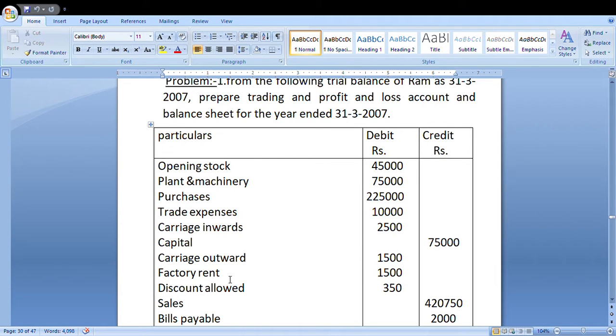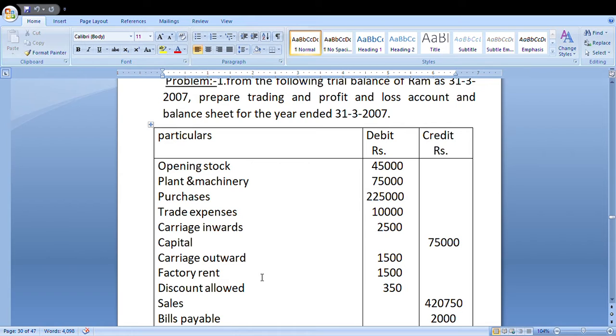Factory rent enters the trading account. Rent also has two types: one is factory rent, the other is office rent. Factory rent enters the trading account.